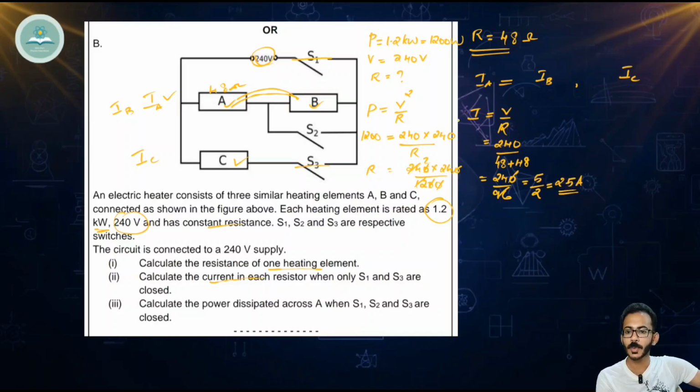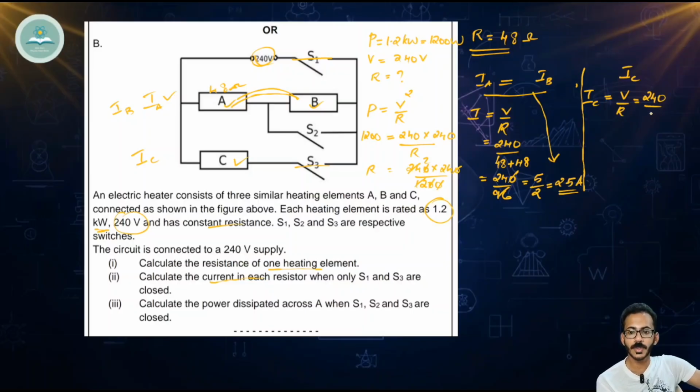So here the current across A and the current across B are the same, and they are 2.5 ampere. Now we have to calculate the current across C, the resistor C. We'll use the same method here. The current across C, that is IC, is equal to again V by R. Here the potential difference is the same as we saw, that is 240, divided by the resistance.